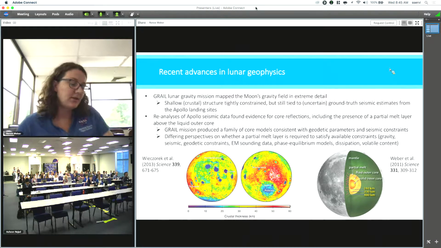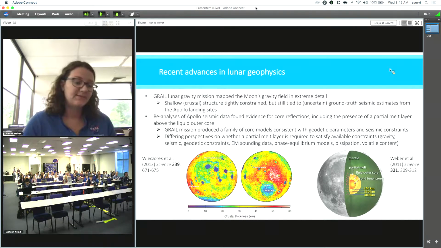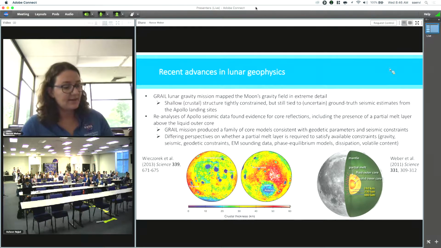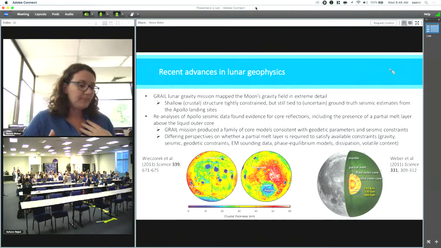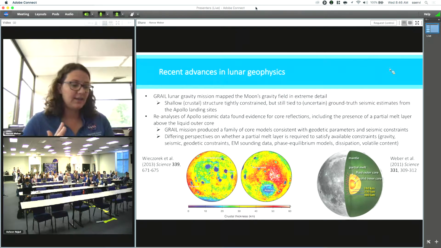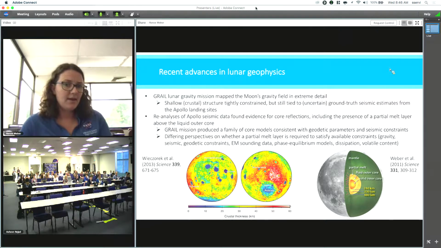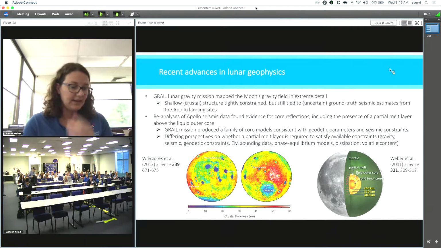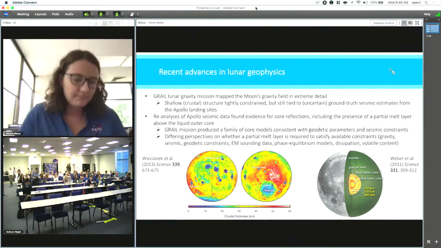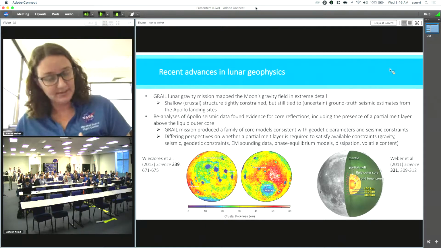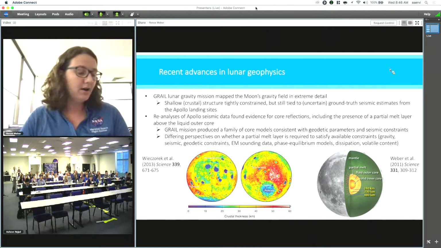And the arguments for the presence of a partial melt layer include things like inverting mass, moment of inertia, the tidal love numbers, inverting those things, and electromagnetic sounding data and phase equilibrium computations, joint inversion of geodetic and seismic data, and then also numerical simulations of the viscoelastic response of the moon, which has been used both to argue for and against the presence of a partial melt layer.